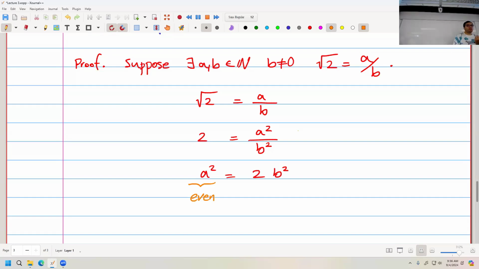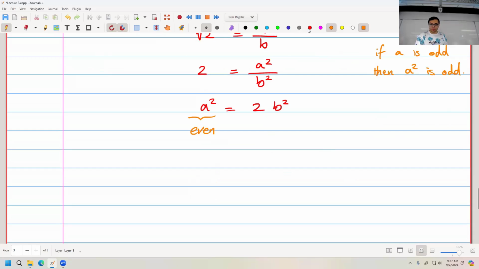A squared can be even only when a itself is even, right? So you can prove this on the side, that if a is odd, then a squared is also odd. So if a squared is even, then a must be even. So at this point, what I know is that a is even.